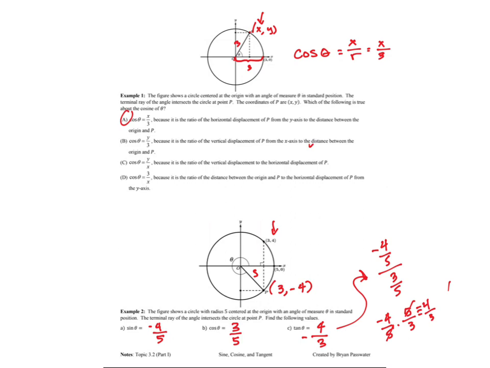Okay? That's how I do it. I always find my sine and divide by cosine. And then I know I'm going to multiply by the reciprocal of cosine. And I get my tangent. y over x. Rise over run. Okay, let's go on.